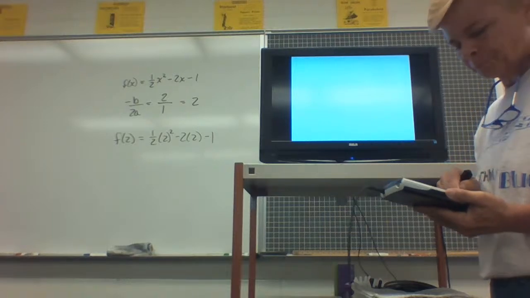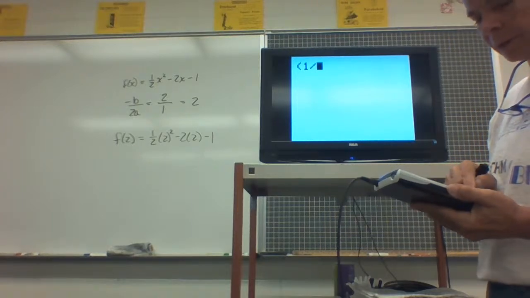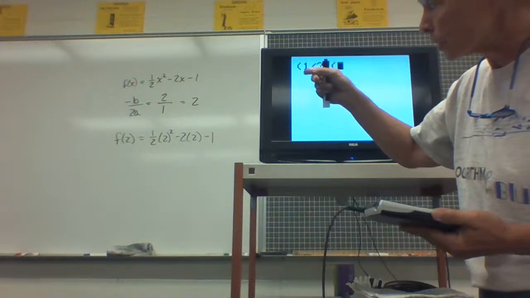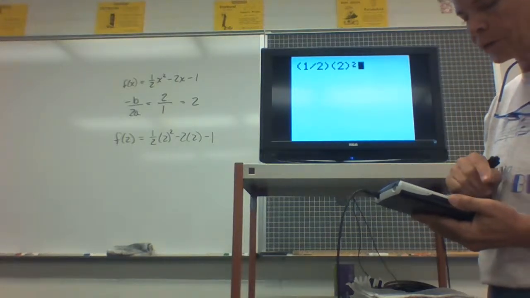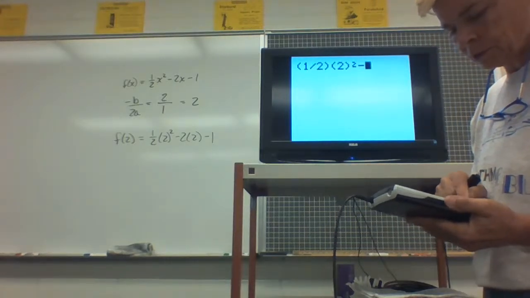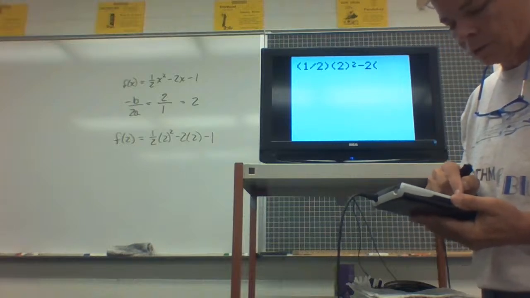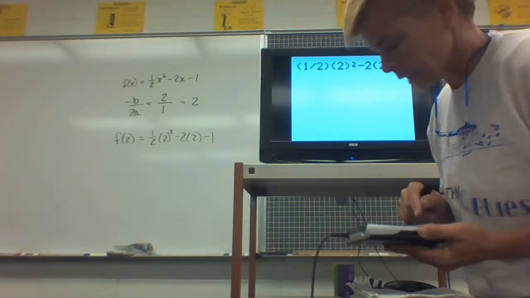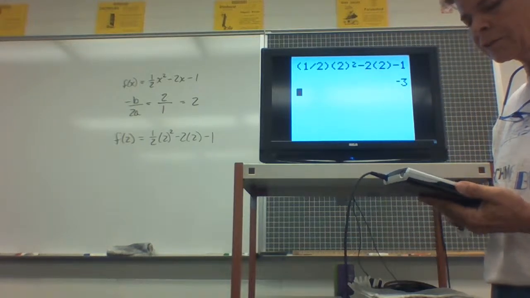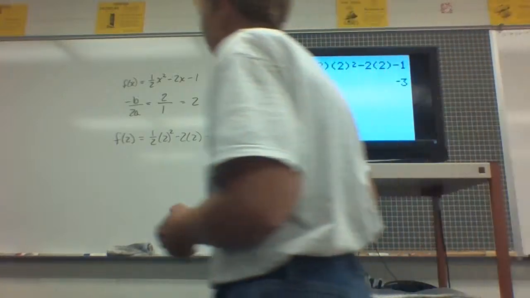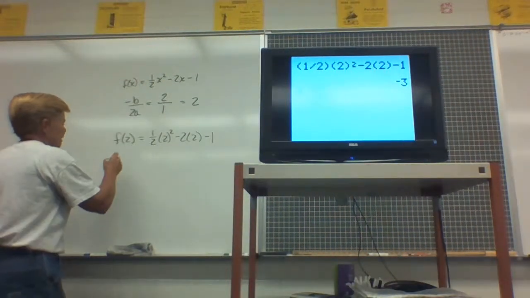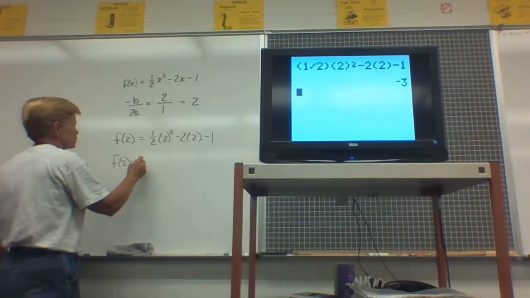I'll start over. 1 divided by 2, close it. Then open another parenthesis to put the 2 in. 2, close it, squared. Minus 2, parenthesis, 2, close it. Minus 1. So your calculator is figuring out that value. It's negative 3. And so what we have here is that f of 2 equals negative 3.